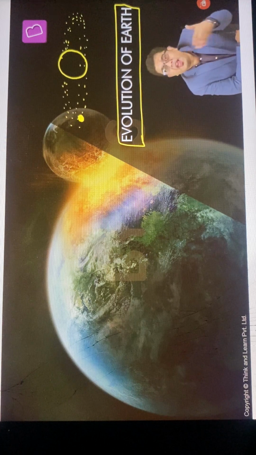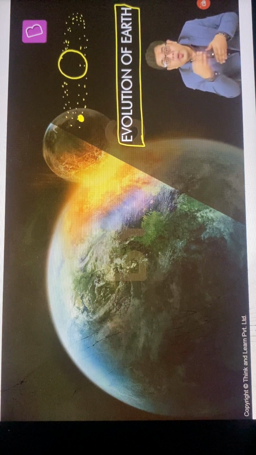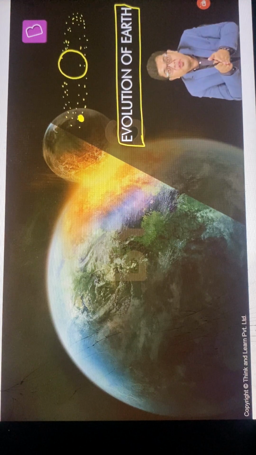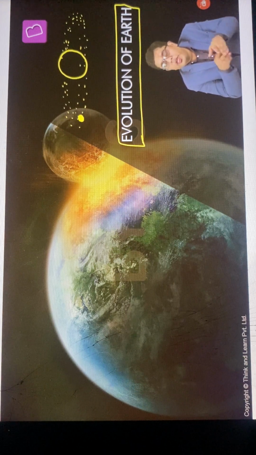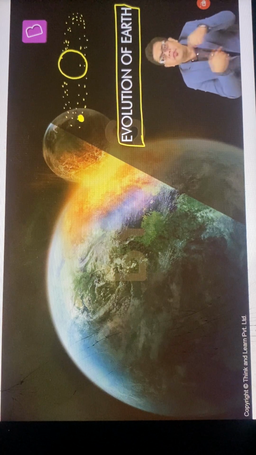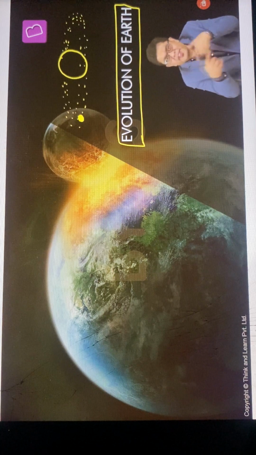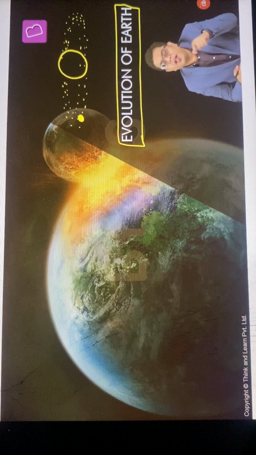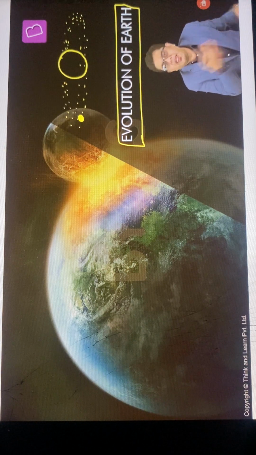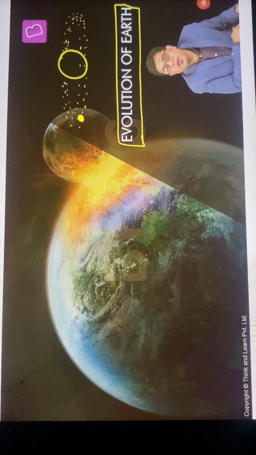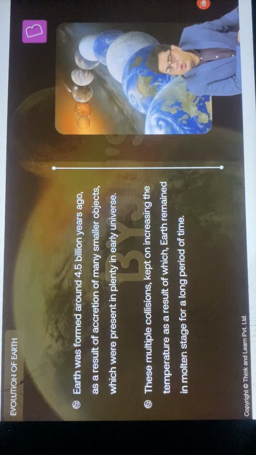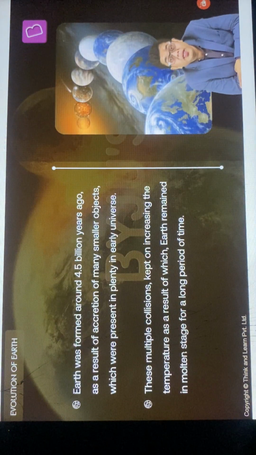As more collisions happen, the size continues to increase, and this will keep on attracting more particles, further increasing the number of collisions. So it is a kind of continuous feedback cycle, a self-sustaining cycle, where every collision results in further collisions taking place, but more importantly, the temperature starts rising quite rapidly. So this is what happened in the initial few millions of years.